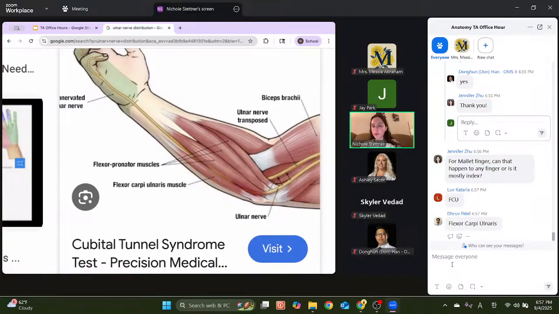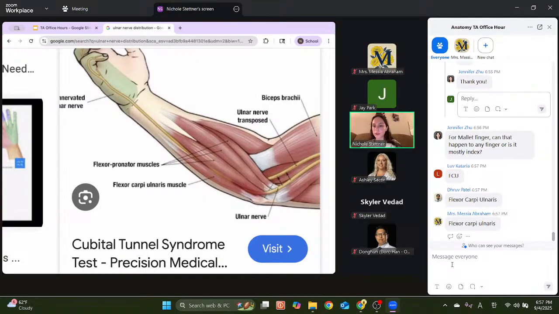I would love to go through the mallet and boutonniere and all that fun jazz. Yes, the FCU, flexor carpi ulnaris. That's important, because if it's impinged here at the elbow, that's where the FCU comes in, and they'll have deficits going that way. You can also get a claw hand.